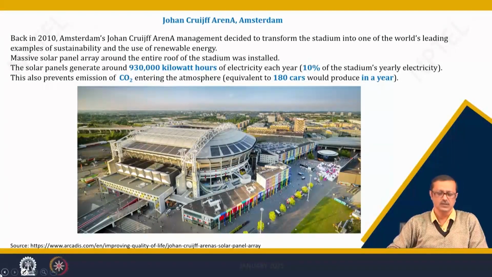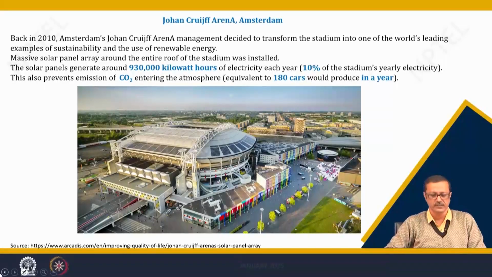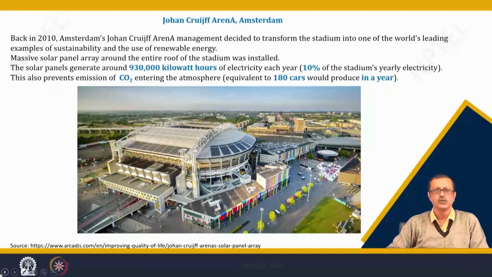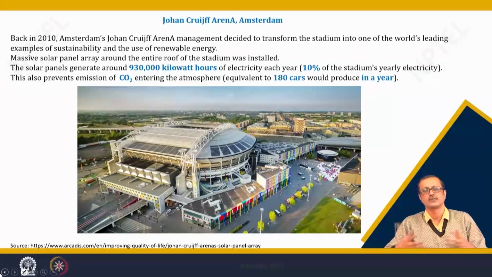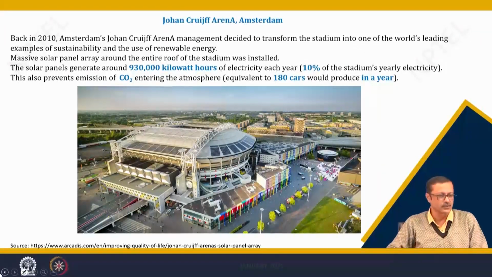So, there also we can think of some kind of BIPV intervention, which can generate a lot of electricity. We have other areas also: a lot of bus stands, railway stations, and airports. Everywhere these large roofs are available, and we can think of this kind of intervention.